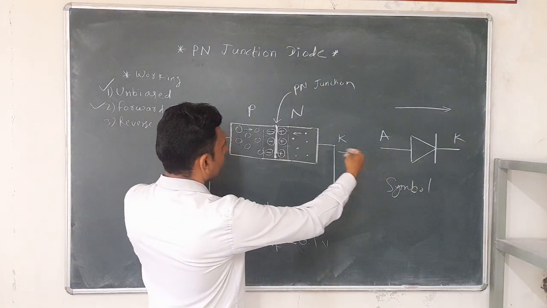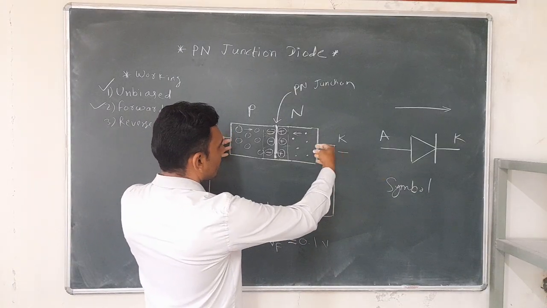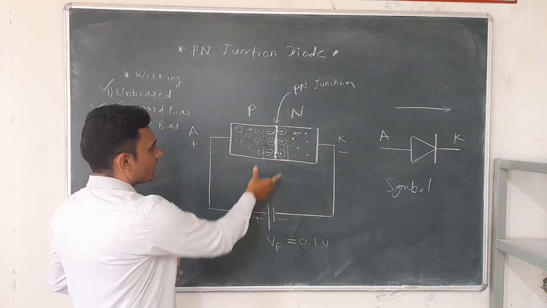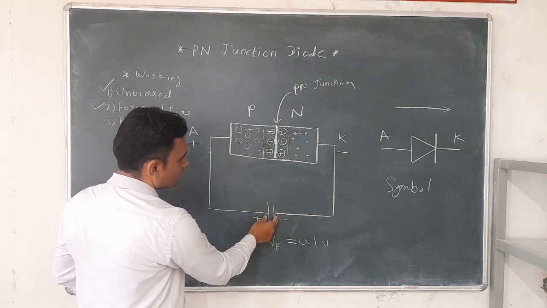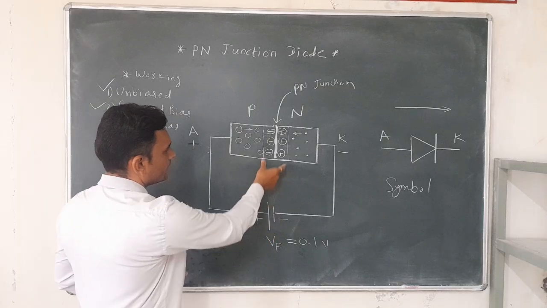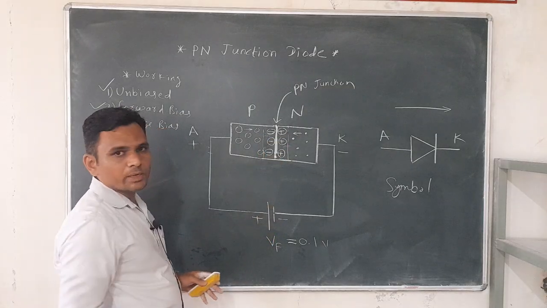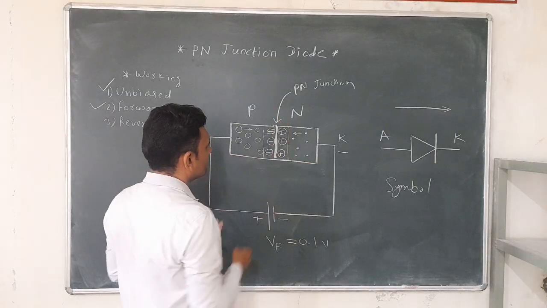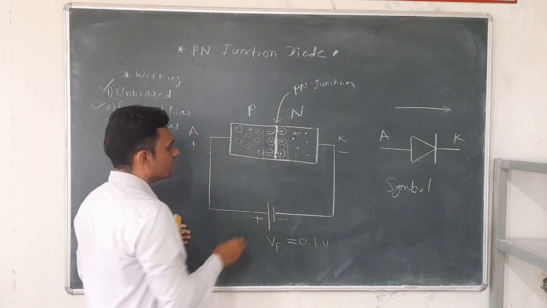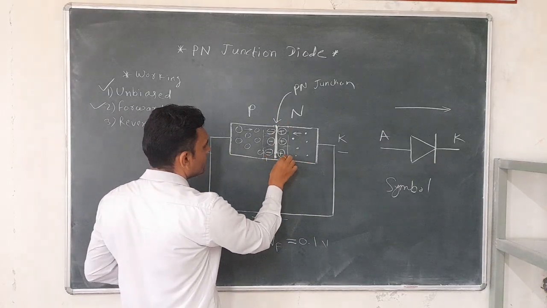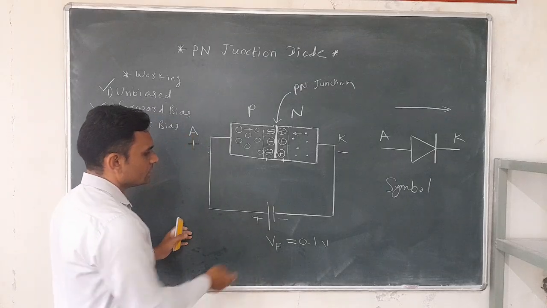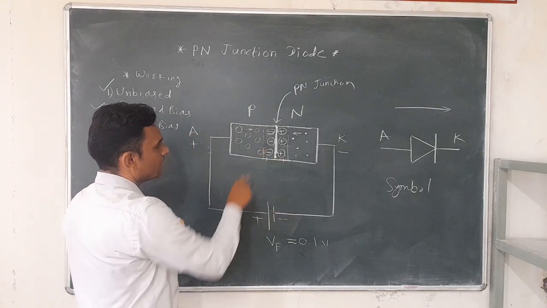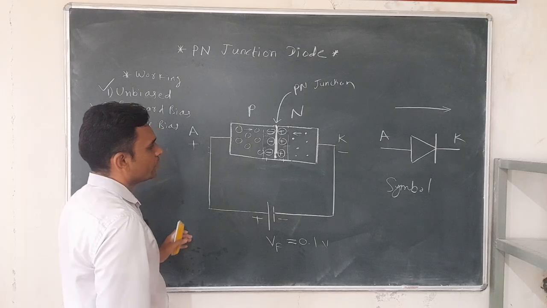So from both sides charge carriers move towards the junction, and this forward voltage decreases the width of depletion region. Because the reverse voltage is applied across the barrier potential.